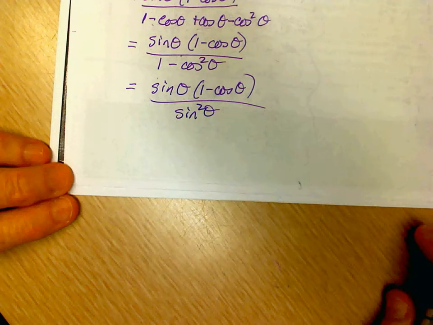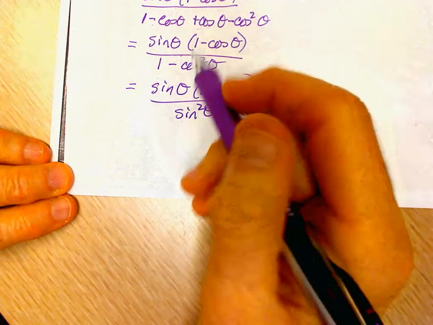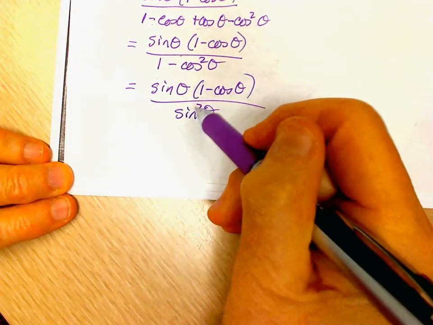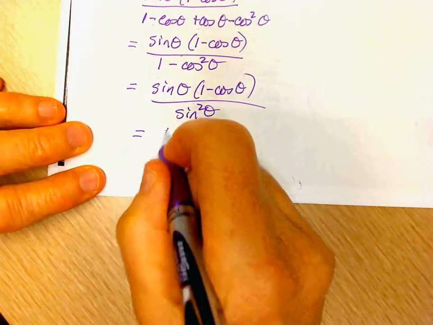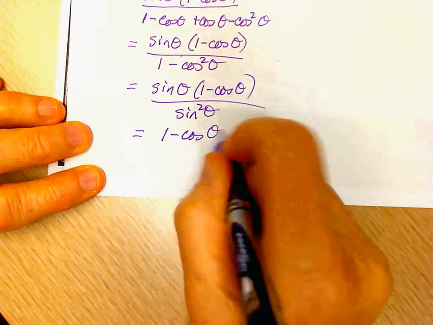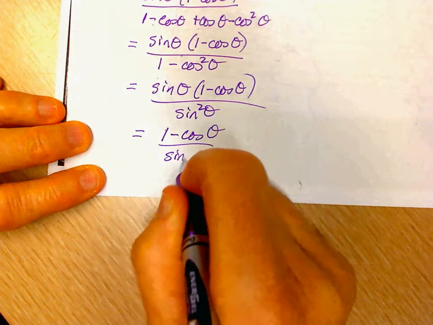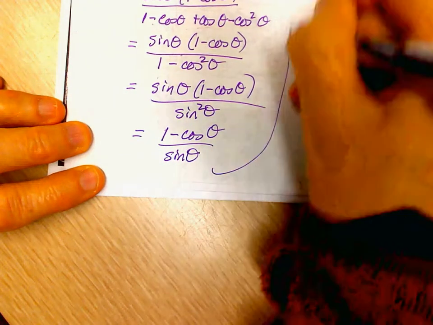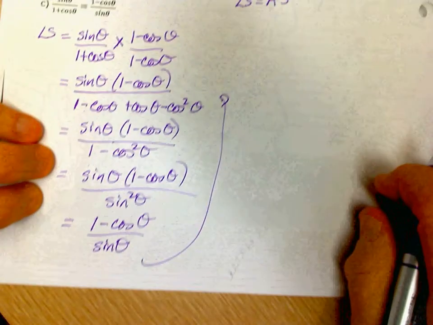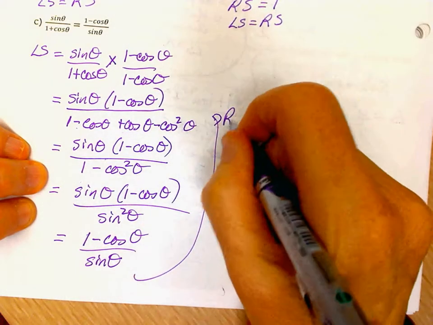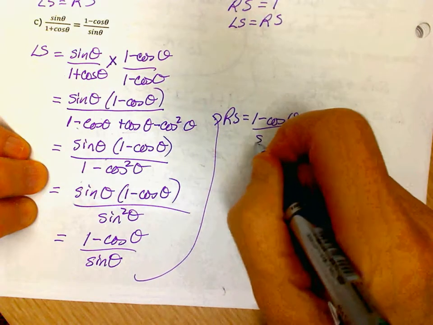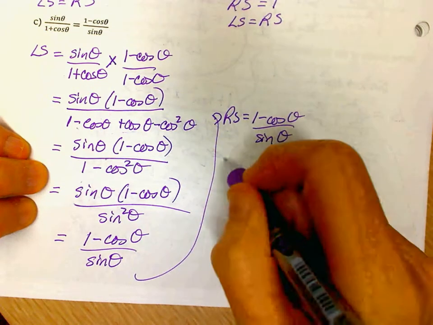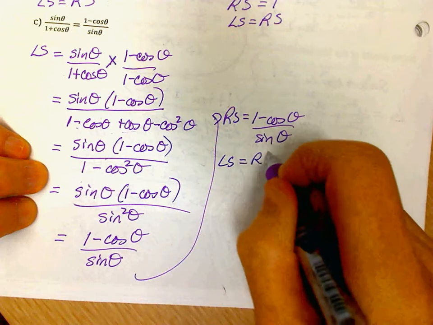And sine theta goes into sine squared theta sine theta times. So we're left with 1 minus cos theta over sine theta. So right side equals 1 minus cos theta over sine theta. Left side equals right side. So we did it. We proved it.